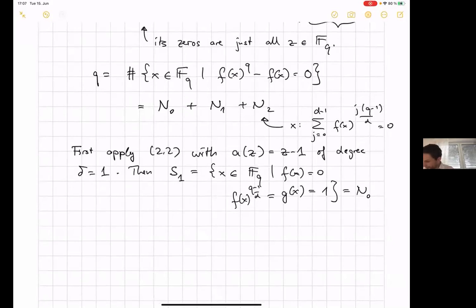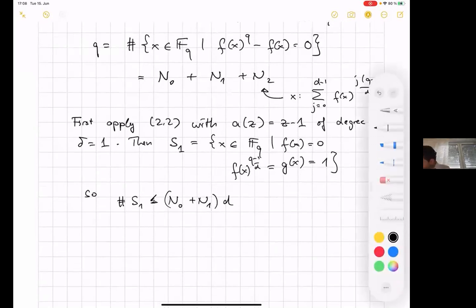So the cardinality of S1 is n0 plus n1, well, times d, because for each solution in x, I get at most d solutions in y.